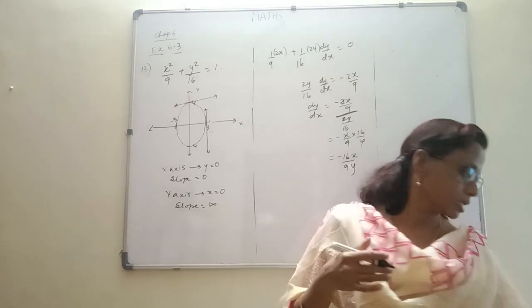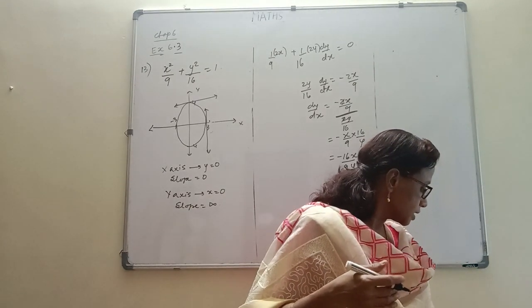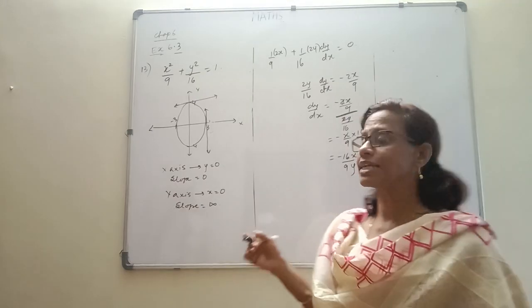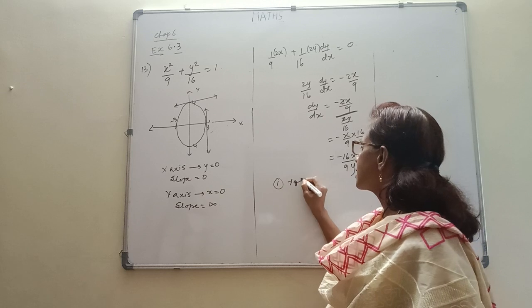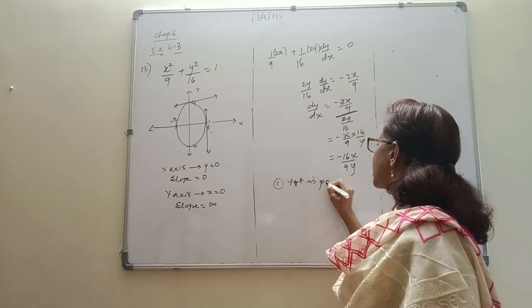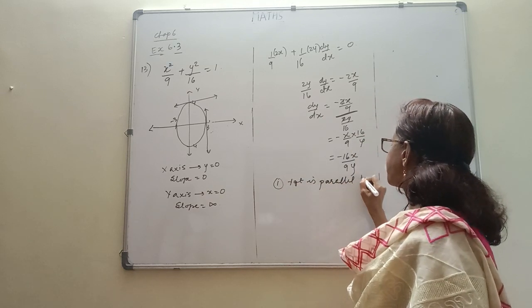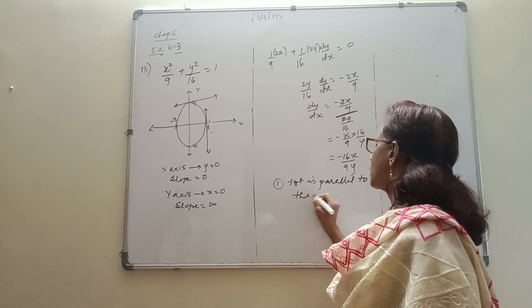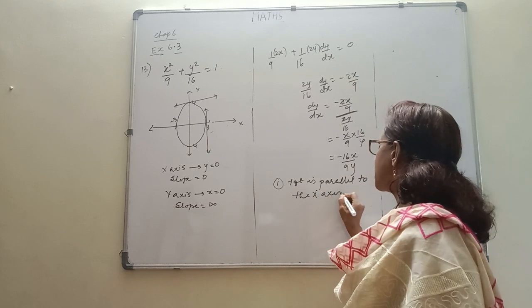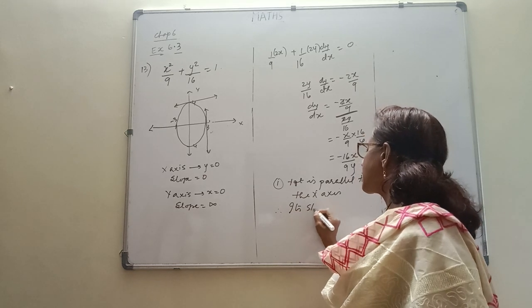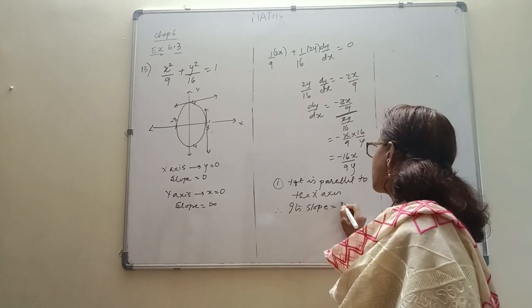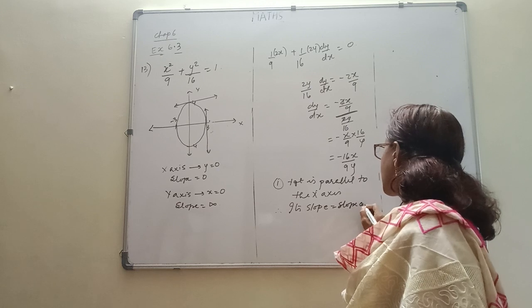Now we have two subparts. In the very first subpart of the question, they tell us that the tangent is parallel to the x-axis. So it means that the slope of the tangent is equal to the slope of the x-axis.